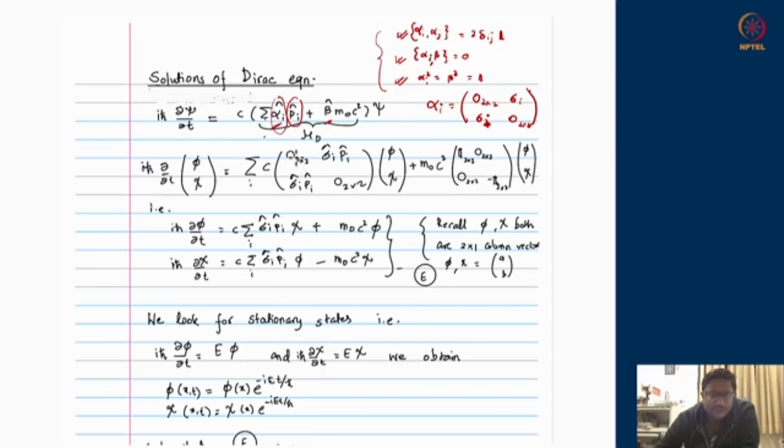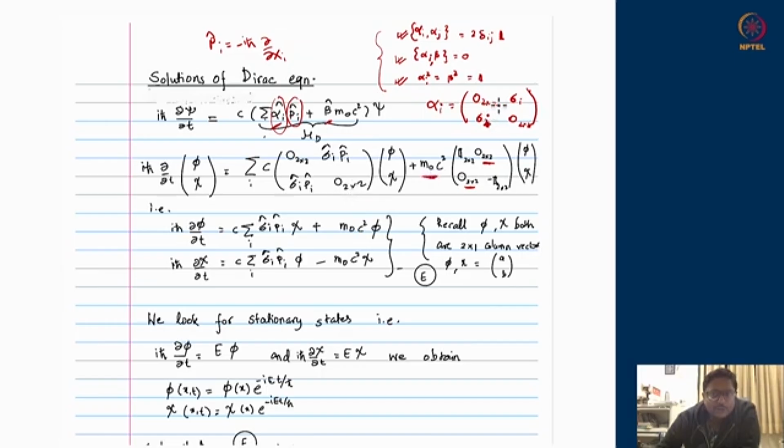The zero matrix will remain 0, but the off diagonal block will pick up the pi operators. Remember, pi's are minus i h bar del x i. Similarly, the beta part, which is identity on the diagonal and minus identity, with off diagonal elements 0, can be written with multiplication of m naught c square, which is here.